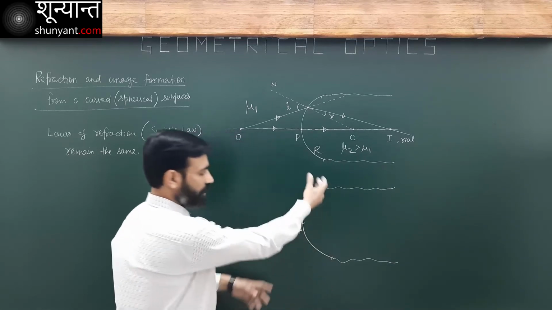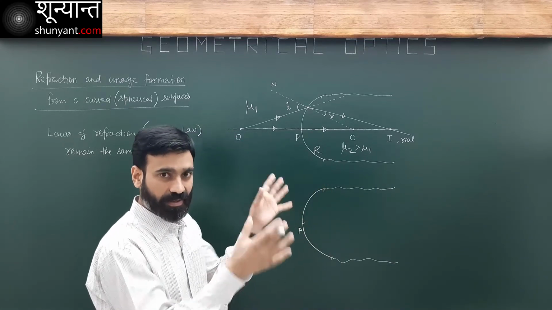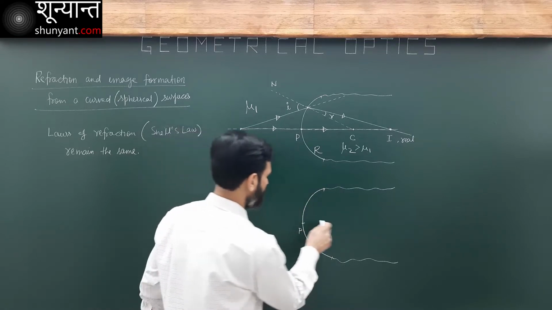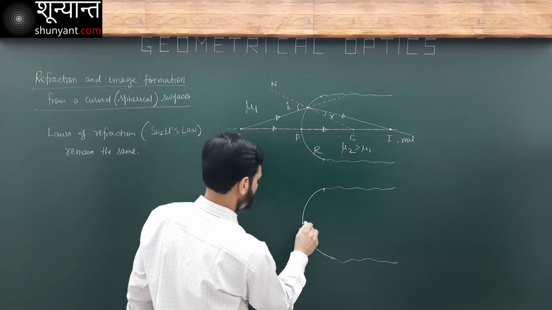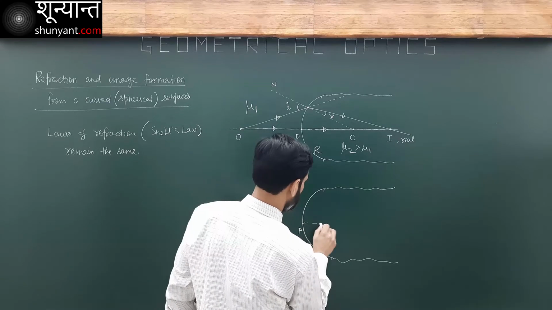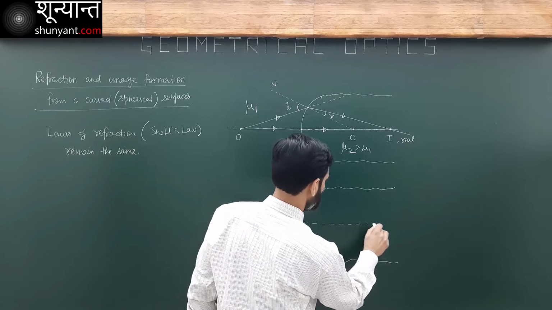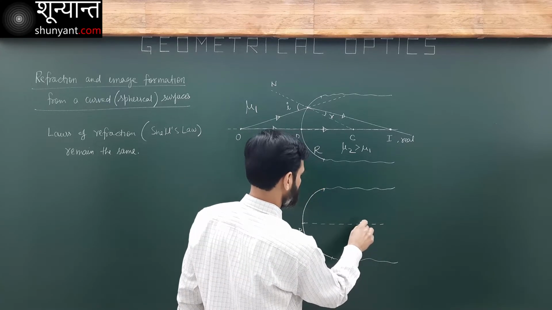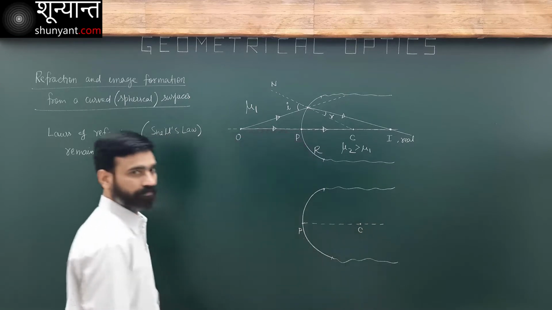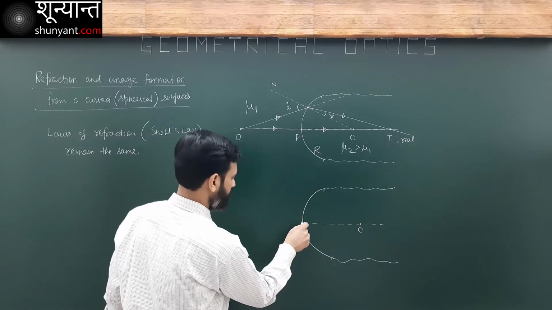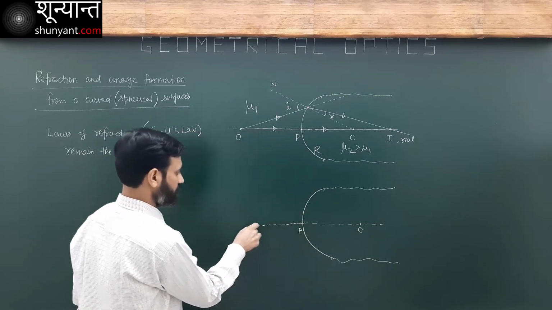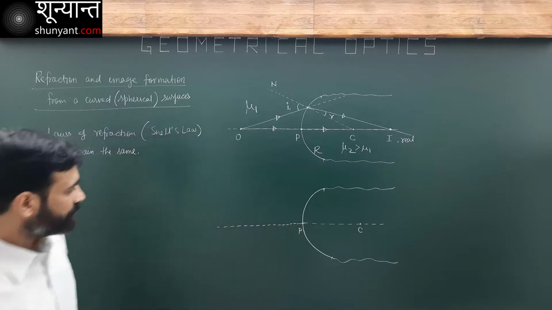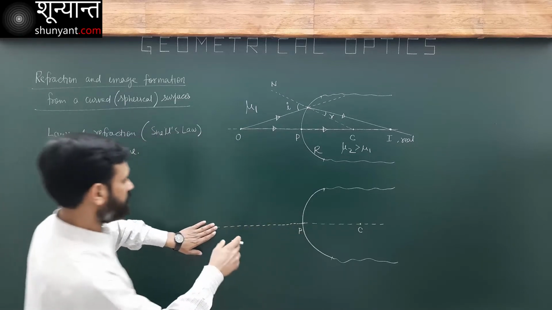And this is going to have its center somewhere. Let's say its center is here. This is the center, and if I extend this line, it becomes my principal axis. This is the principal axis of this spherical surface.